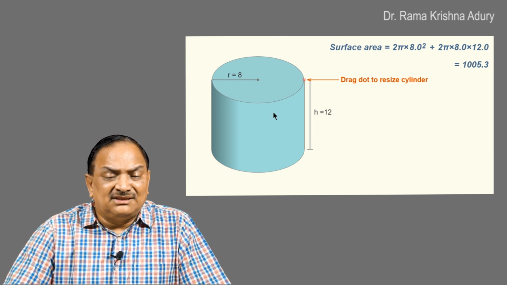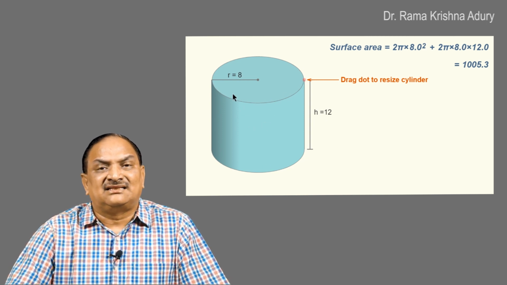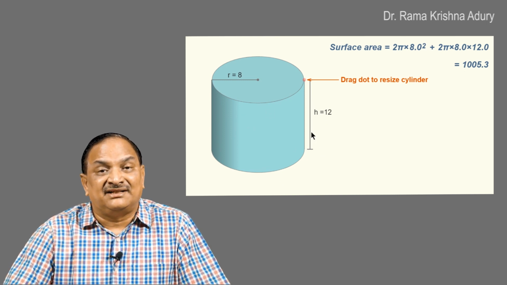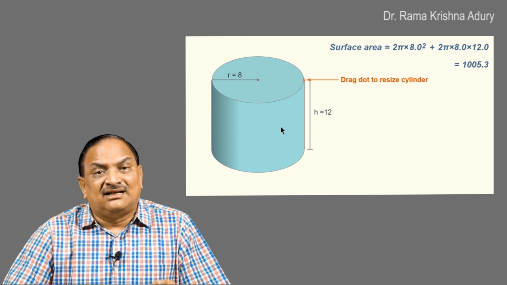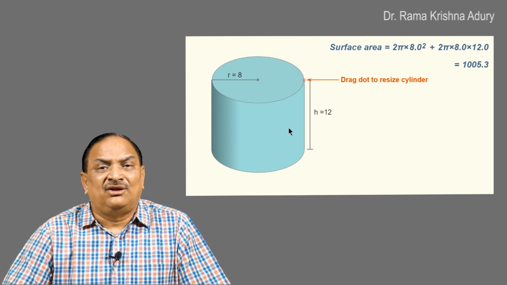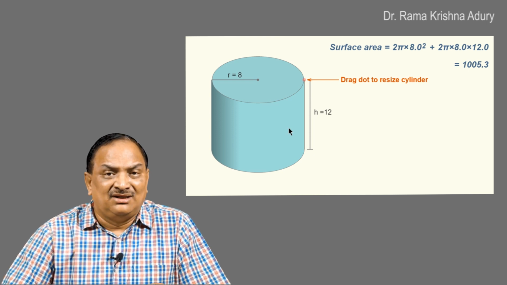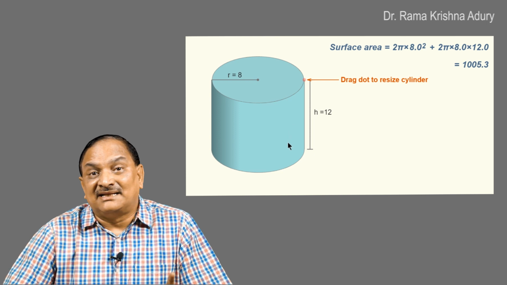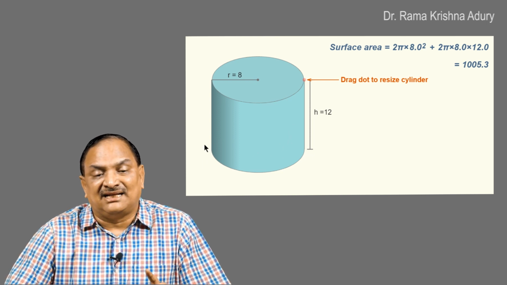So 2 pi r times h is the lateral surface area. It is a curved surface, and therefore the curved surface area of a cylinder is 2 pi r times h. But the volume is pi r square h, base area times height.